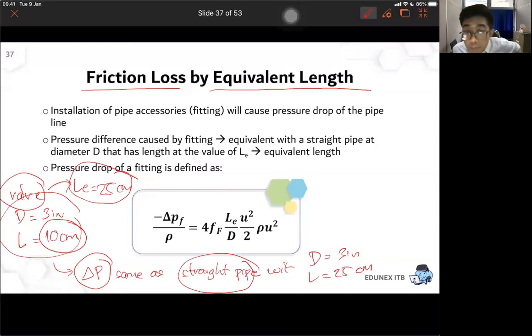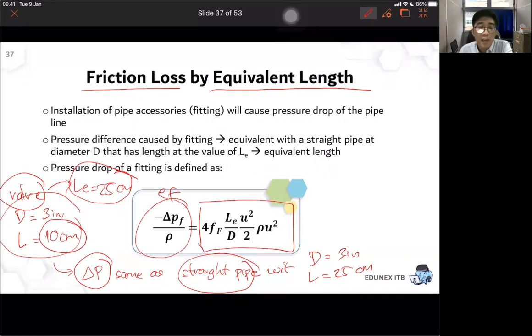We only have to memorize one formula. Yes. If the value of the equivalent length is known from the data, from experiment, you can get the equivalent length of certain fittings from the data. Then to calculate EF, you just use the same formula as the calculation of EF of a straight pipe.